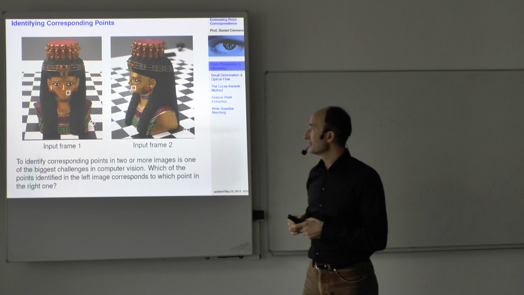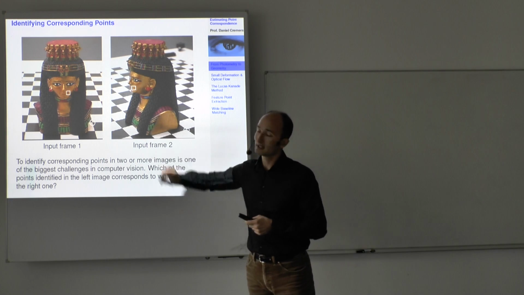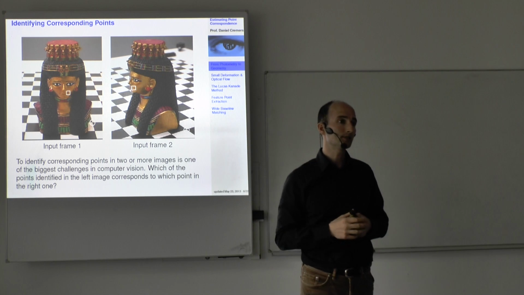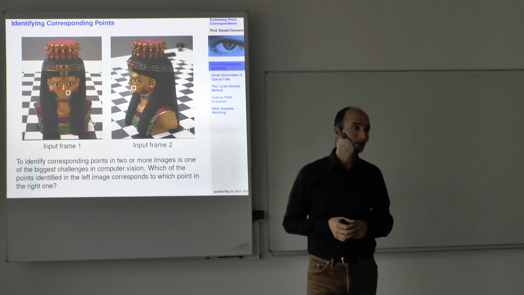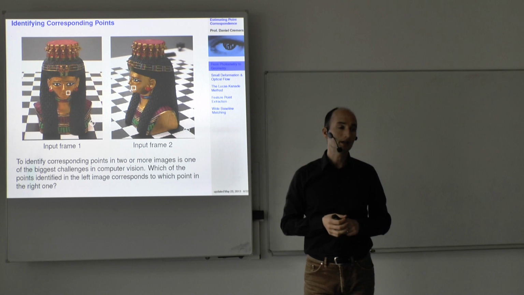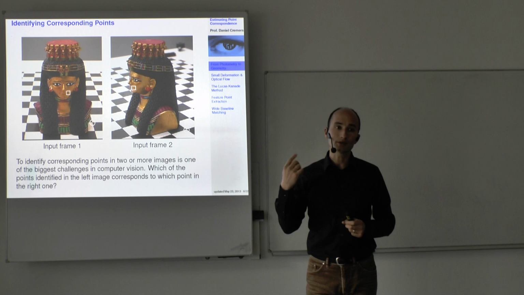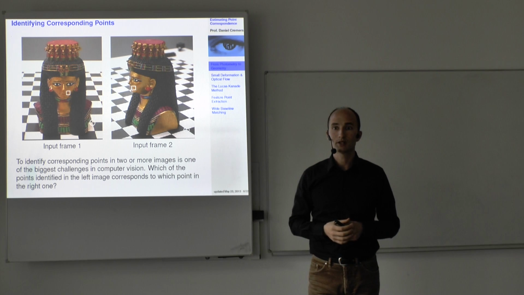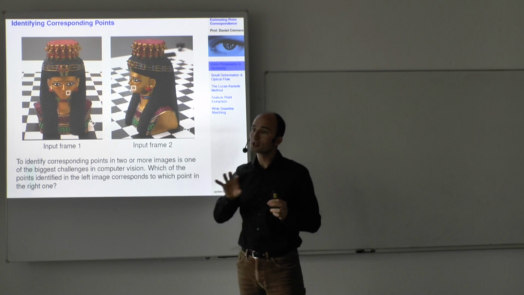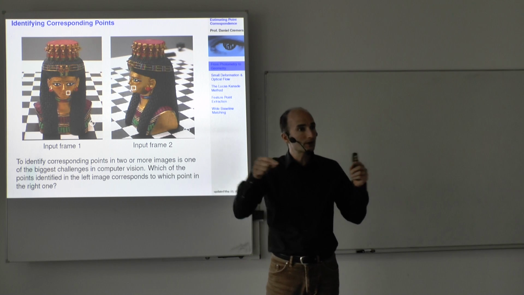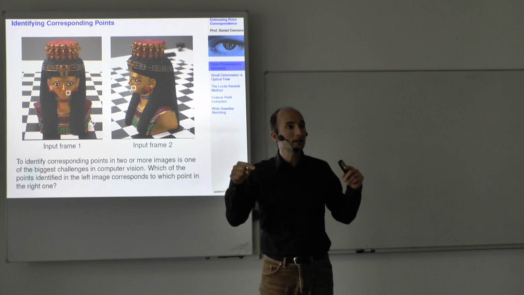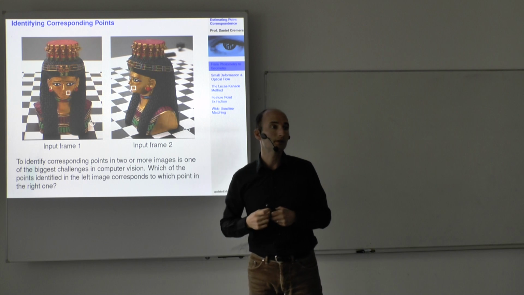In fact, this correspondence problem that you see here in these images is probably the most challenging problem in computer vision. It is a problem that reappears almost everywhere in computer vision. In 3D reconstruction from multiple views, we have to associate corresponding points in the image. This is a correspondence problem.